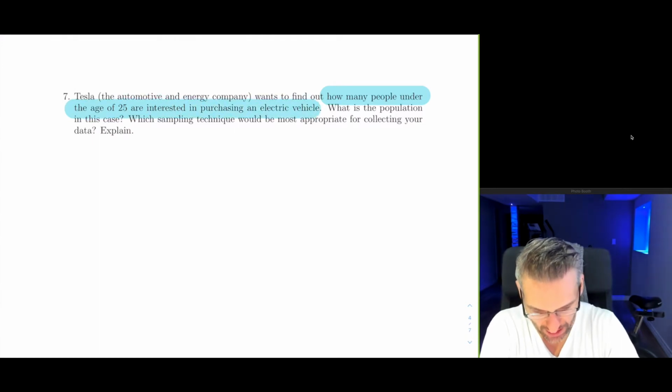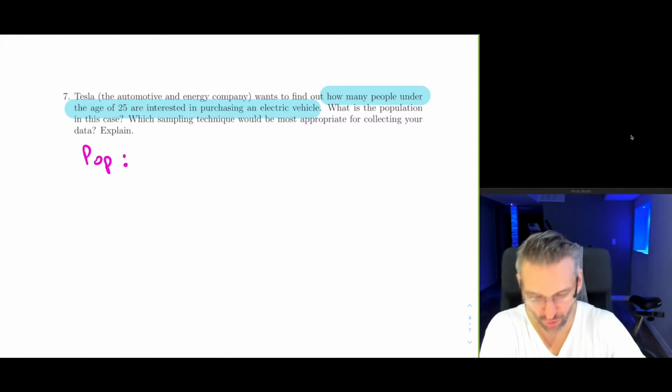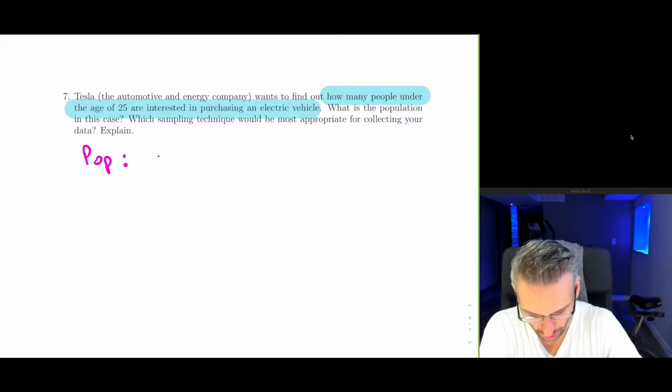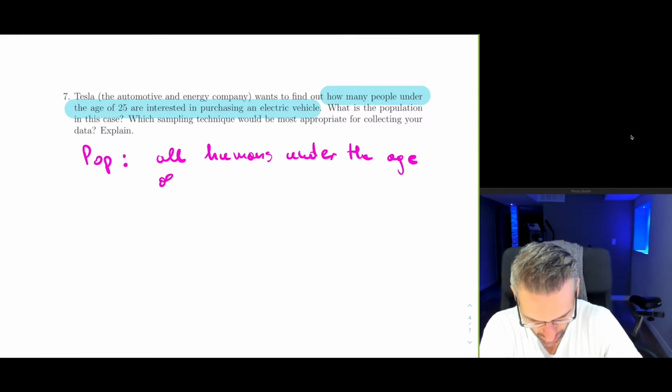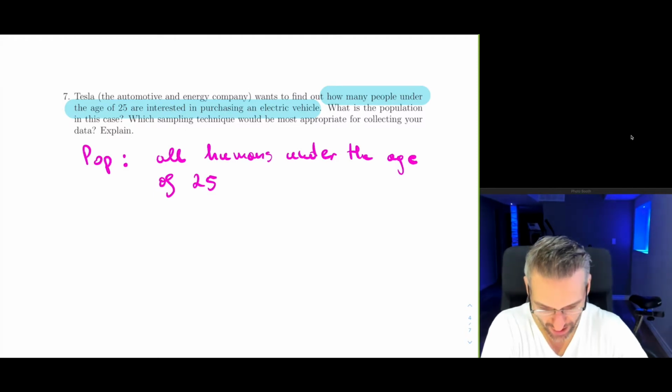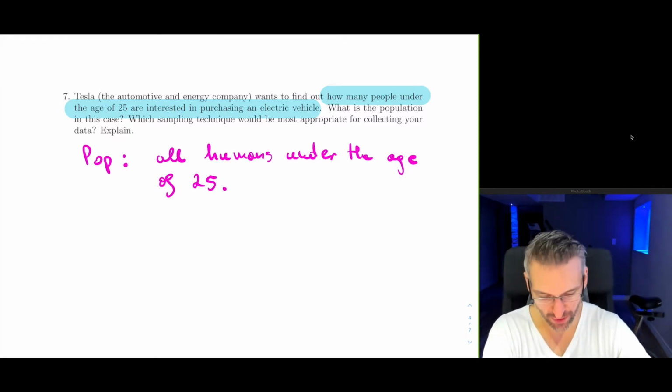So the population is the entire world: all humans under the age of 25.